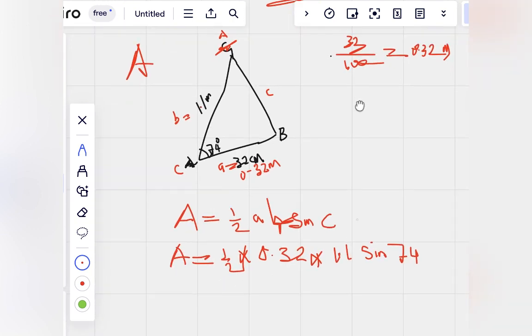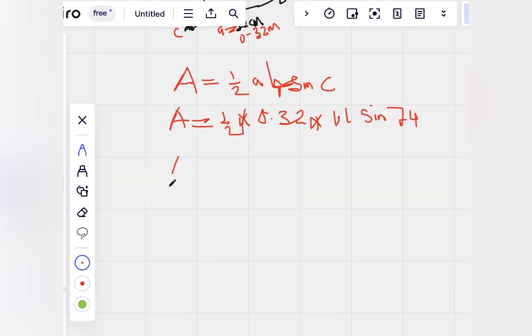In that case you get the area of the triangle to be 0.169 square meters.